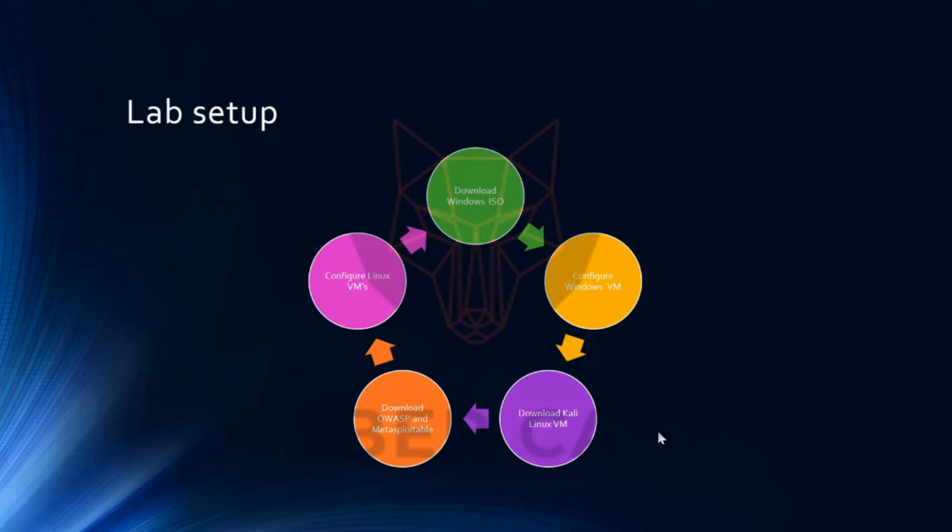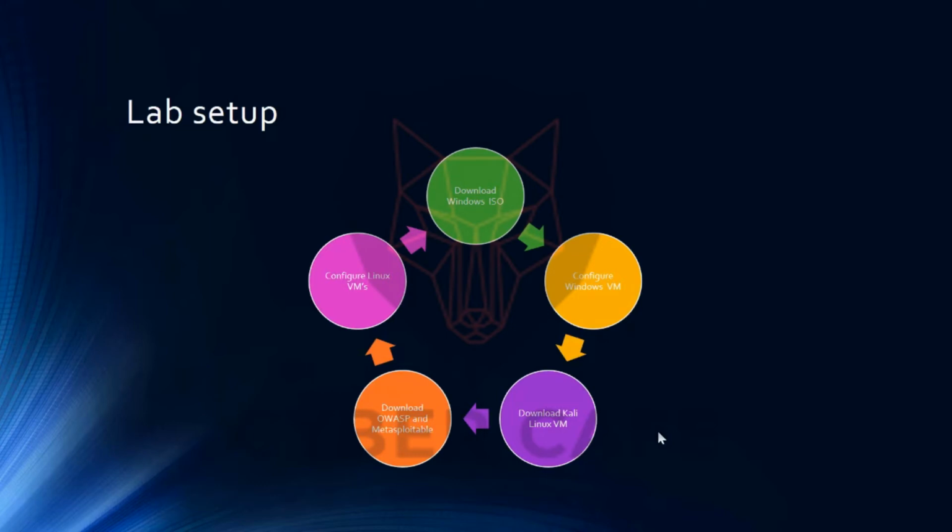Then we're also going to download some vulnerable machines, because the lab will not only have ethical hacking virtual machines, or machines that include ethical hacking tools, but we also need some vulnerable machines where we can practice and test different kinds of attacks. So for that, we're going to install two different Linux virtual machines.